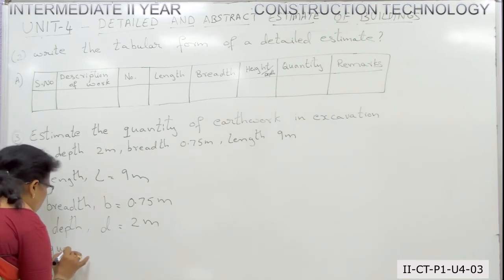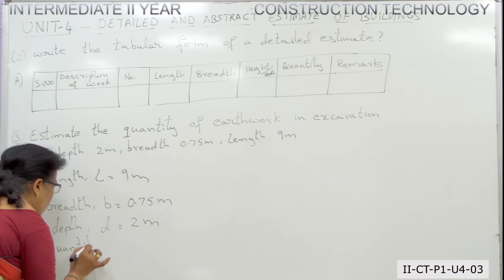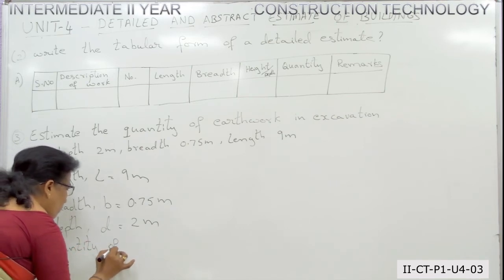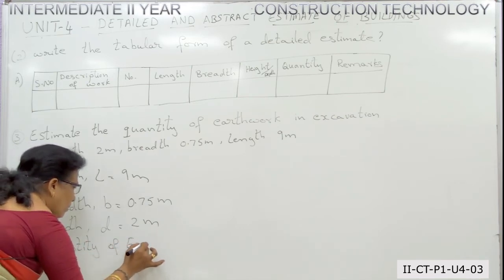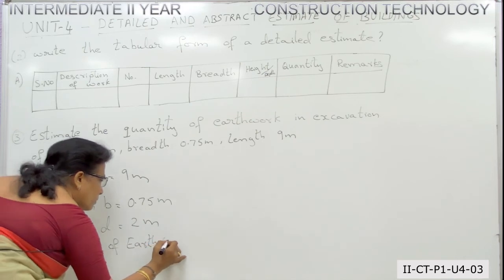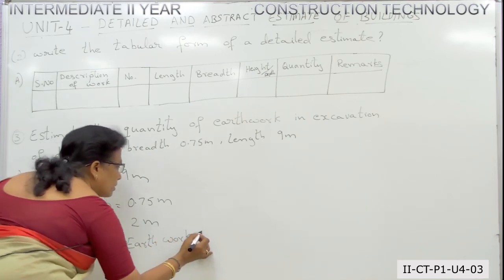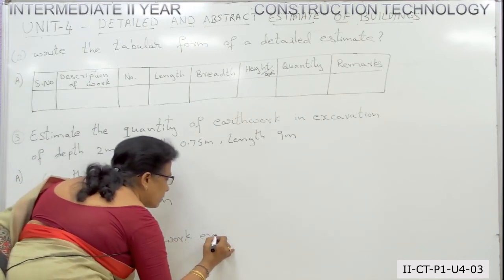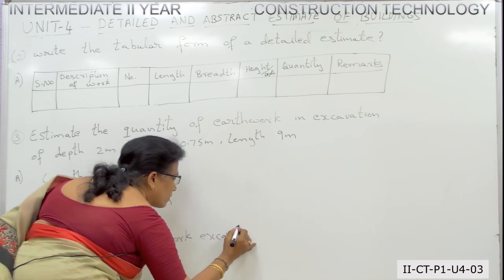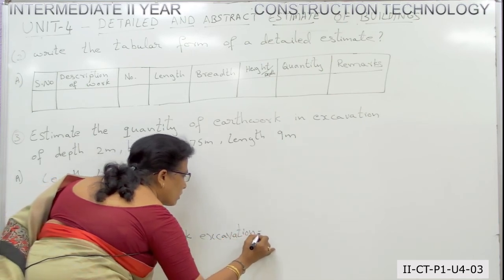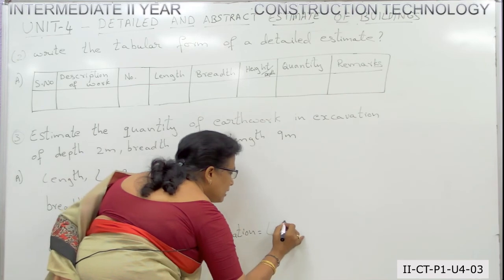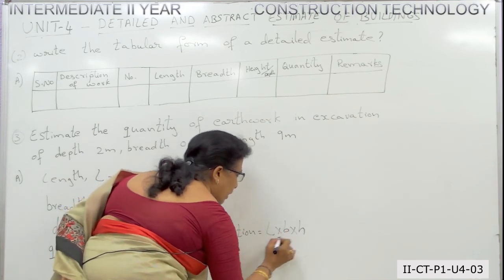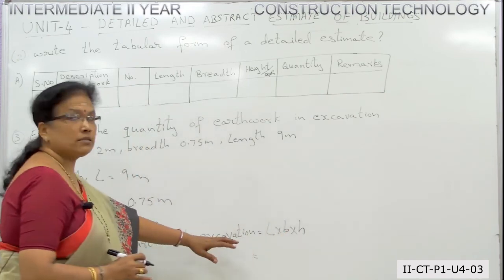Quantity of earthwork is equal to length into breadth into height.